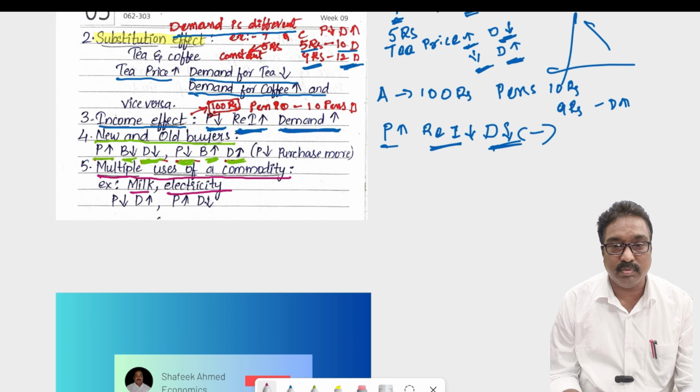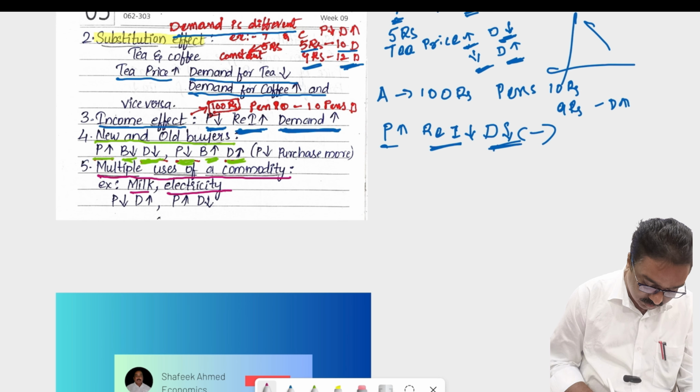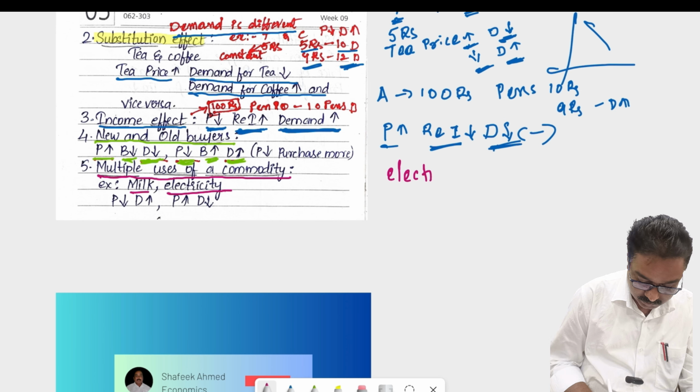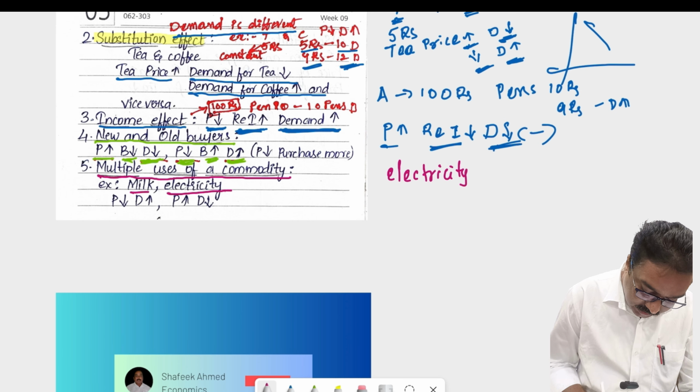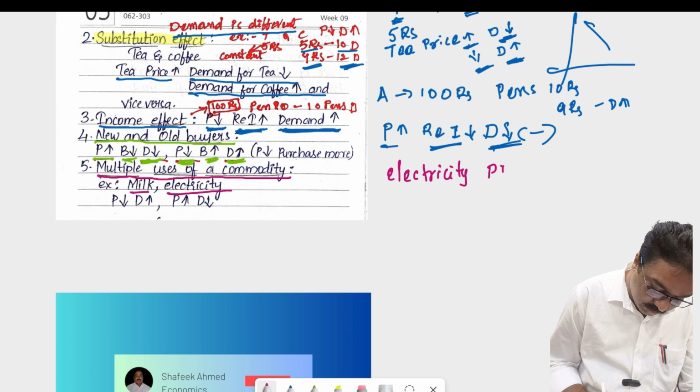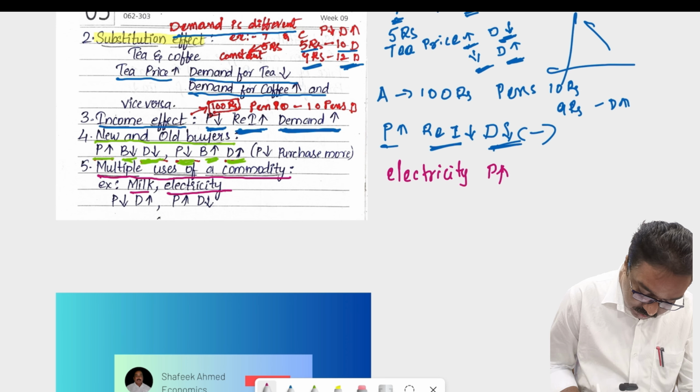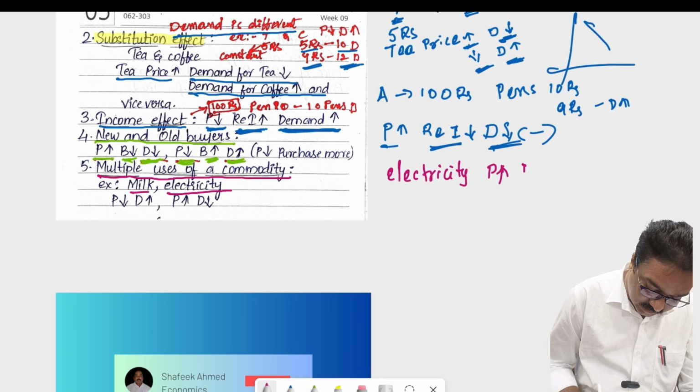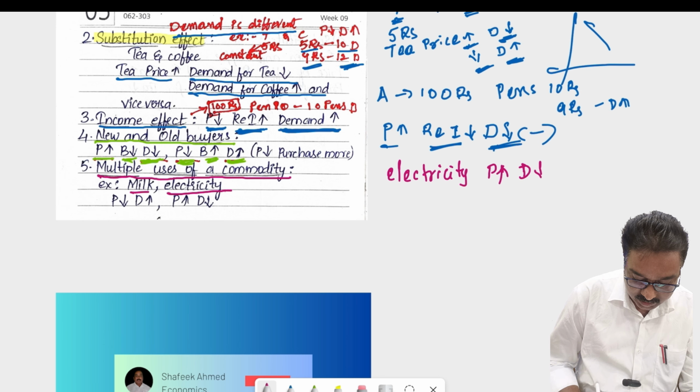And if the electricity price decreases, we can use that electricity for multiple uses. For example, if the per unit price of electricity increases, the multiple use of electricity will decrease, meaning demand will decrease.